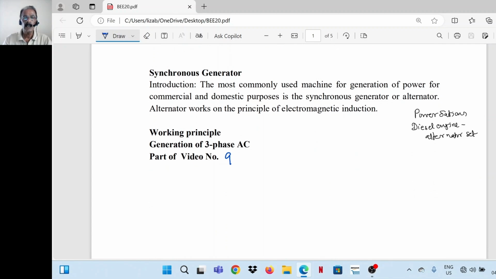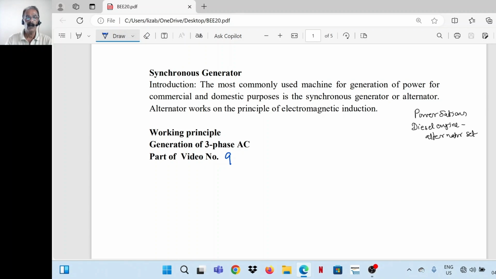Now, synchronous generator, here a definition is given. The most commonly used machine for generation of power for commercial and domestic purposes. That means we are using a synchronous generator in a power station, say in a hydroelectric power station, a hydro turbine alternator set is used for power generation.